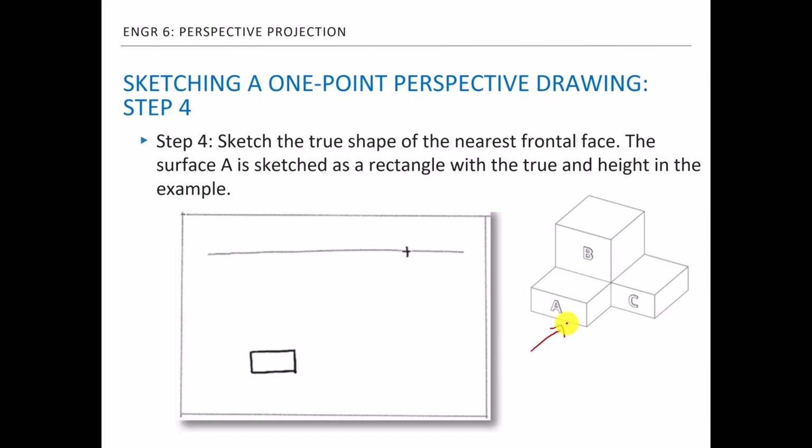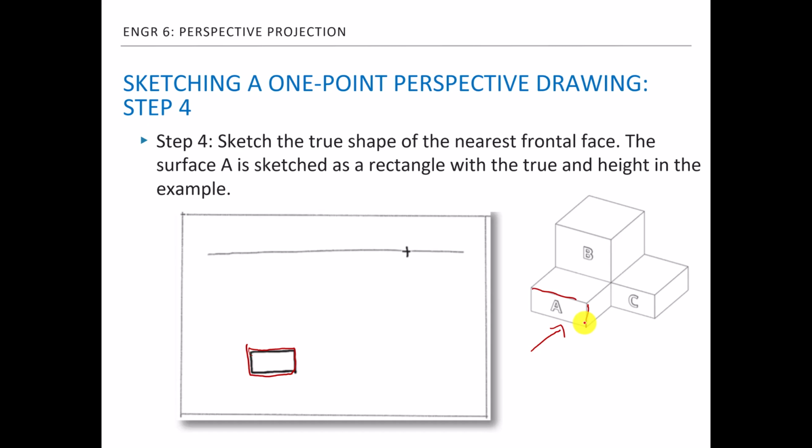So what we have to do is sketch surface A as if you're looking straight on. Okay, so in this case, if I look straight on at surface A, it's going to be just a rectangle, right? This line will be horizontal, this line will be vertical. So one of the rules you can think of is that in perspective projection, any lines that are horizontal in the 3D object will stay horizontal in your projected sketch.